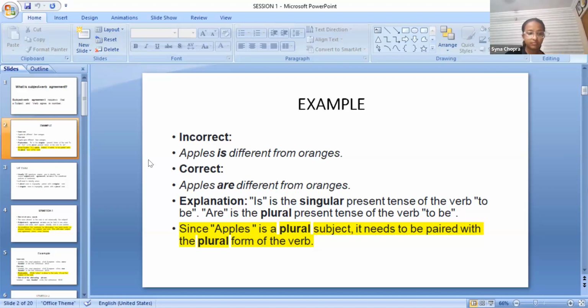Done? Good. So now Adi will just give a quick gist.